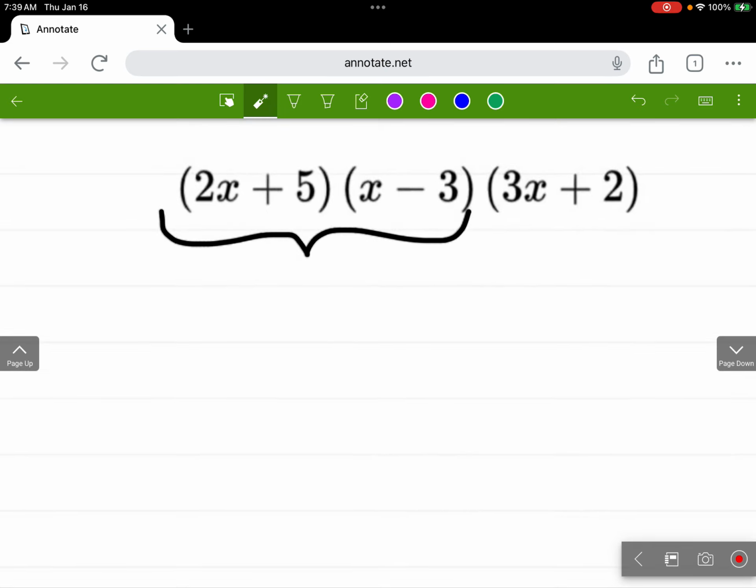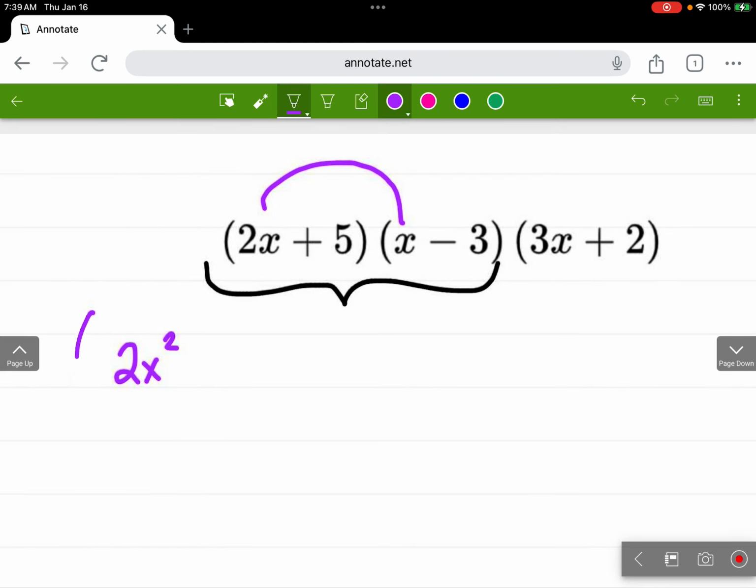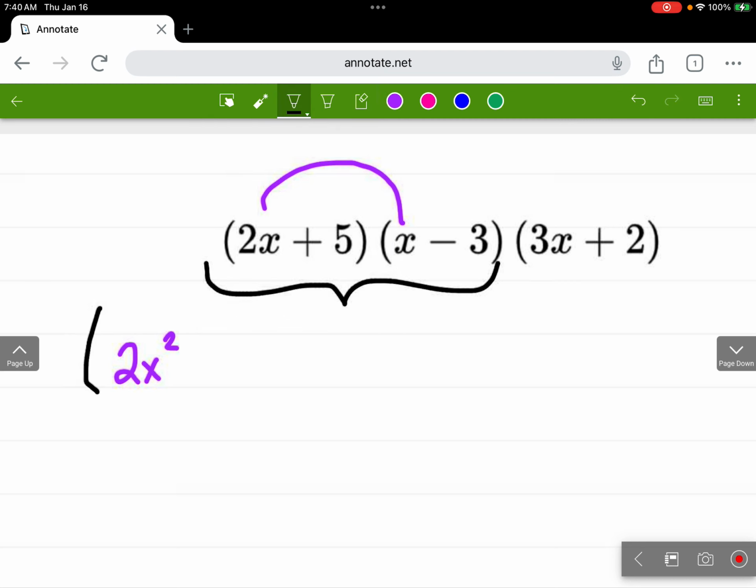So we're going to multiply those two together first, which means the first thing we're going to do is our 2x times x, giving us 2x squared. And I am going to put this set back into a set of parentheses. Then we're going to take our 2x times minus 3 to get minus 6x.